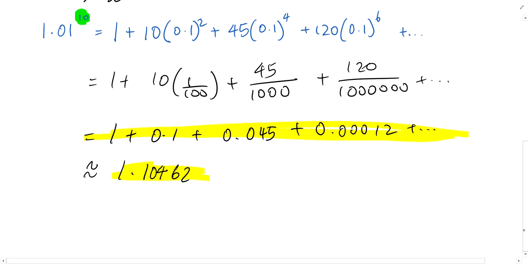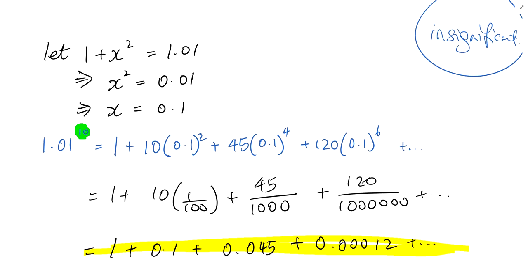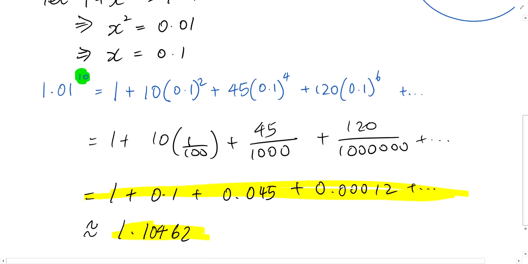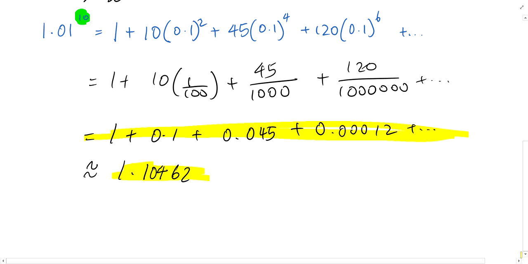I am letting x be equal to 0.1. I'm not trying to solve for x. Do you get the same answer? You can show it to me later, yes? No need, you can leave it like this. Okay?